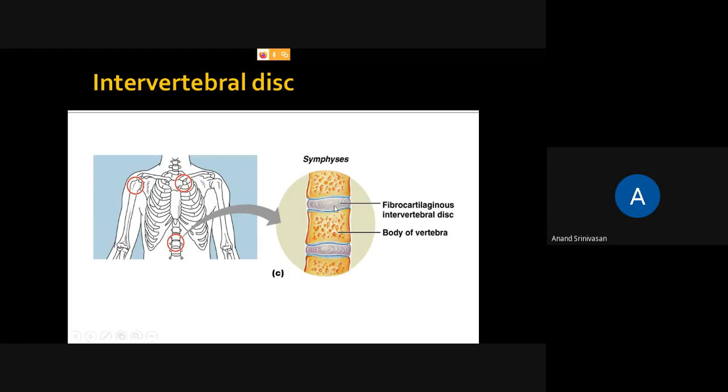So this fibrocartilaginous joint helps in cushioning. They act like a shock absorber. And also it helps in bending. When we bend forwards, backwards, or sideways, the intervertebral disc acts like a shock absorber, thereby helping in very slight movement.